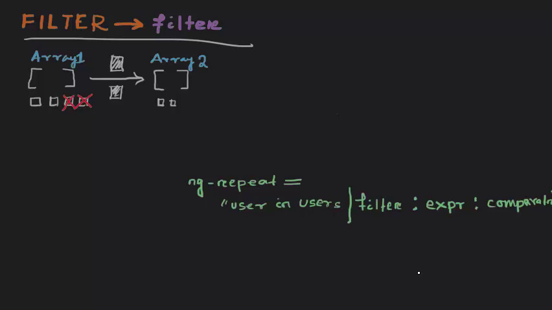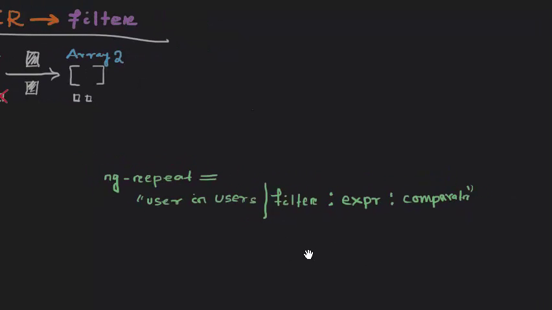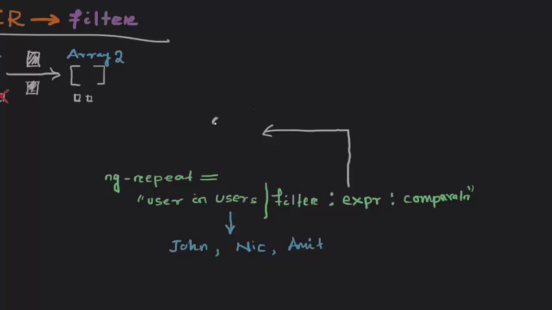So let's start with a simple example with a few users like John, Nick, and some Amit. It doesn't matter, anything we can give. Now the expression is of 3 types. The first one is a string, like John, Nick, Amit.